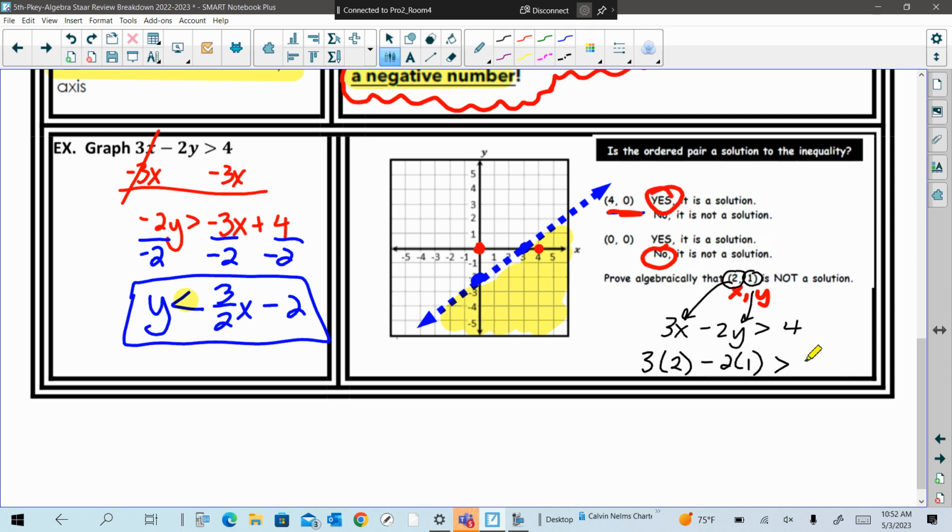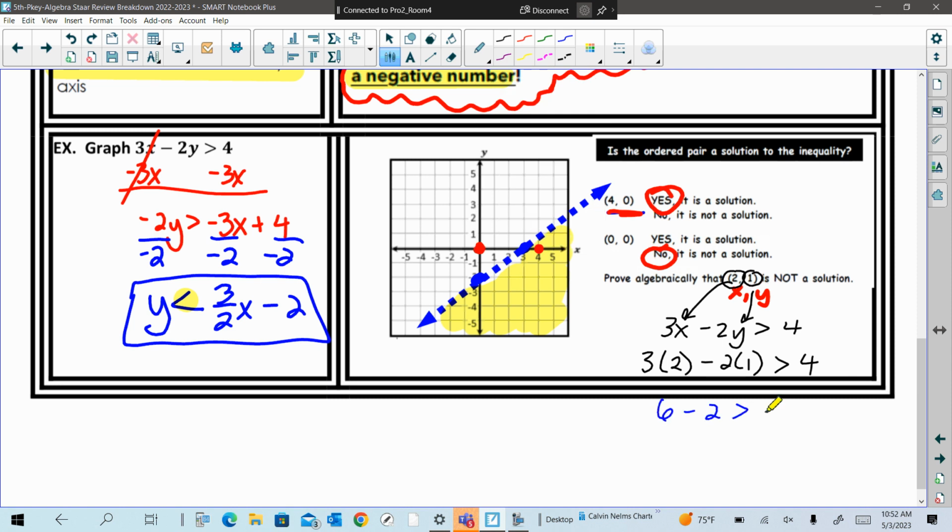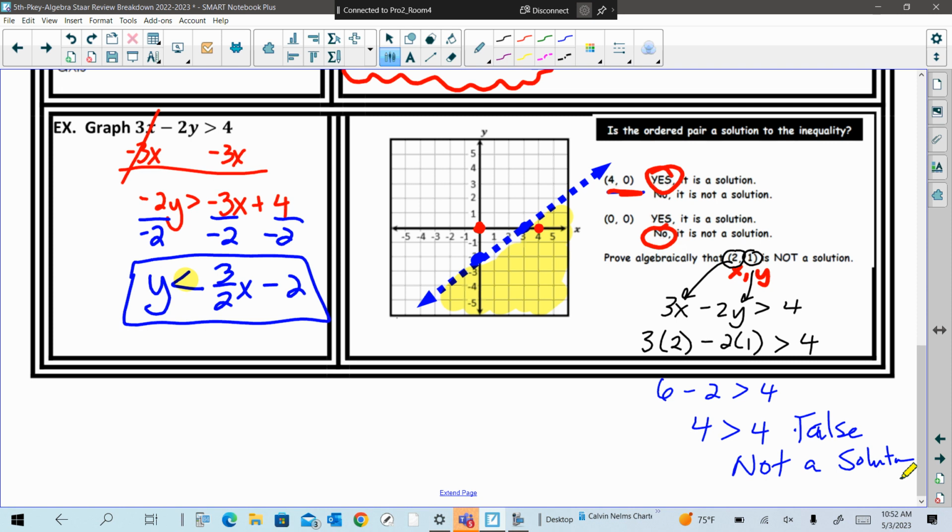And we're going to check, is that greater than 4? Well, when I do my order of operations, this is 6 minus 2. What's 6 minus 2? 4. And is 4 greater than 4? No, that's just false. So this would be not a solution. I'm running out of room. Sorry about that. But if you can do your graphing, then you don't have to plug in the point. It's just another way to do it algebraically.